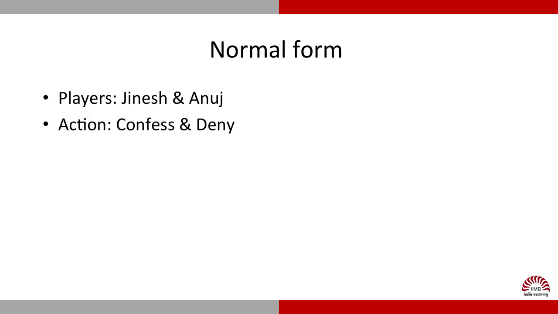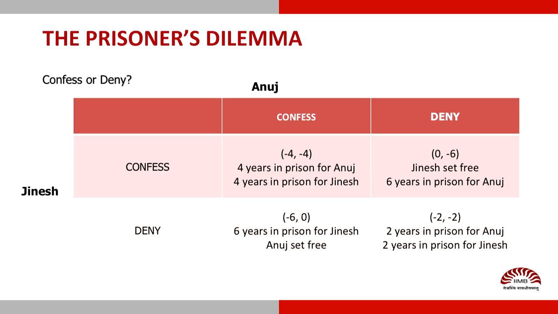These are the two actions that Anuj and Jinesh have. Now, the payoffs are written in the particular cell. So, now you know about the players, the actions that they have, and the payoffs, which are simply the number of years in jail, depending upon the actions undertaken by Anuj and Jinesh.